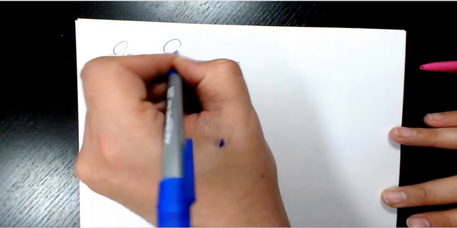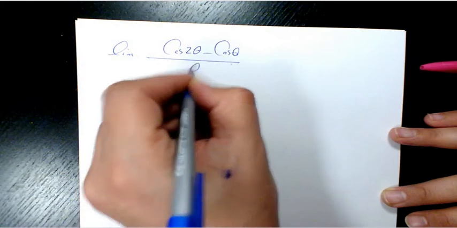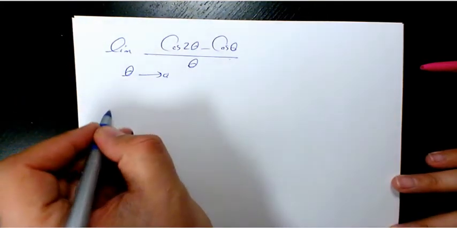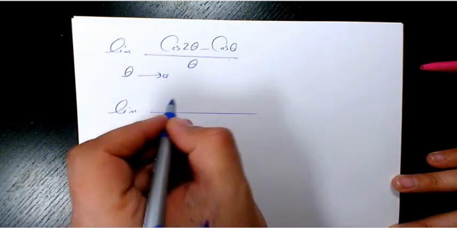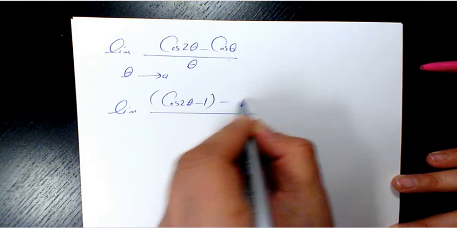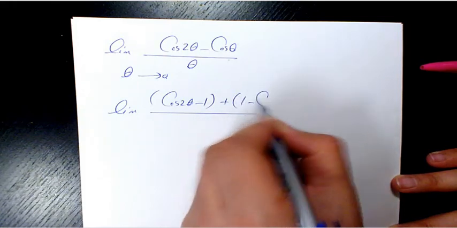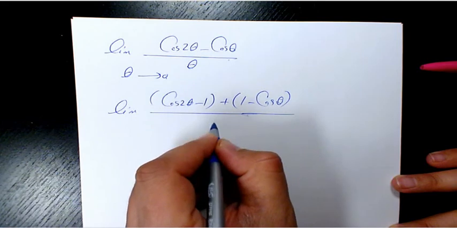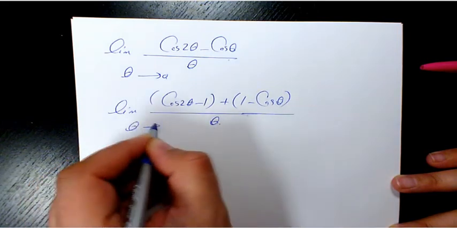Next one is going to be the limit of cosine 2 theta minus cosine theta over theta when theta is approaching 0. We can write it as cosine 2 theta minus 1 plus 1 minus cosine theta, so we actually add and subtract 1 in here.